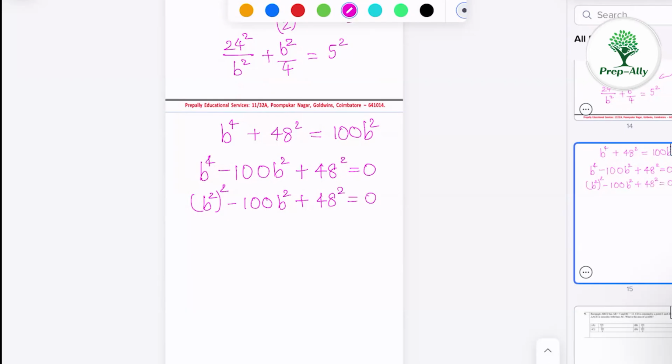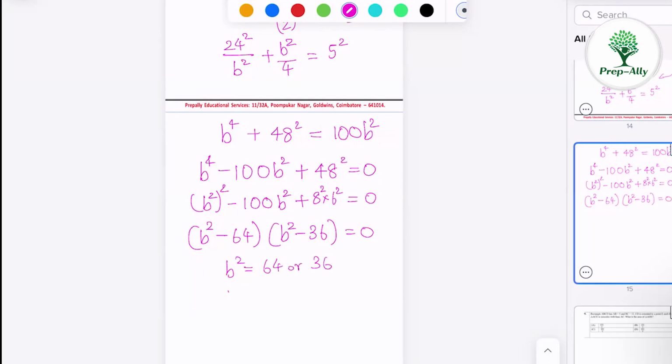And this 48 square can be written as 8 square into 6 square. So we have B square minus 64 into B square minus 36 equal to 0. So B square equal to 64 or 36.